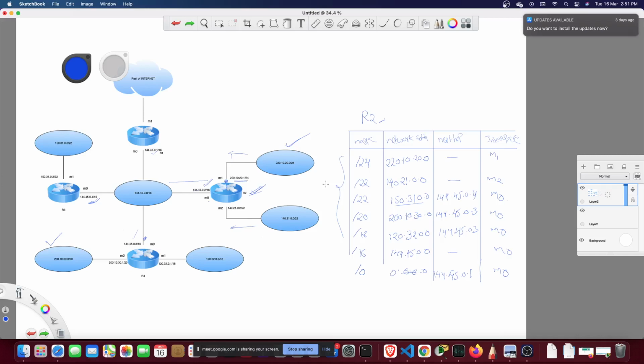So when you use dynamic routing, there is less chance of error, because routers communicate with other routers in the network, exchange routing tables, and construct the routing tables by themselves. And when you configure manually, we need to make sure that we don't make any mistake, otherwise the packet won't be delivered.